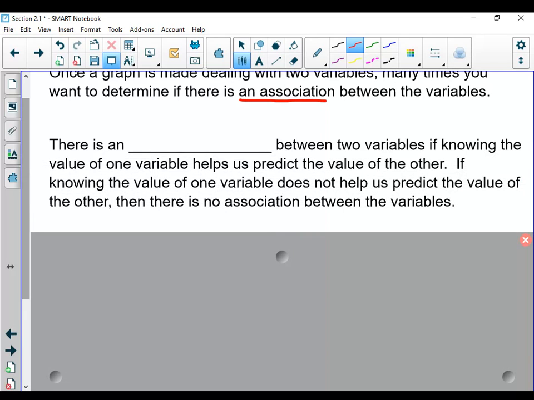Well, I would say that there is an association between 2 variables if knowing the value of one variable helps me predict the value of the other variable. If I know the value of one variable, but that doesn't help me make any predictions about the other one, then that means those 2 things are not associated to each other.